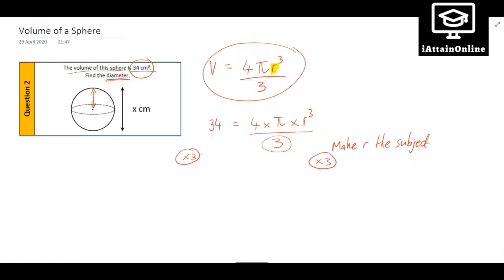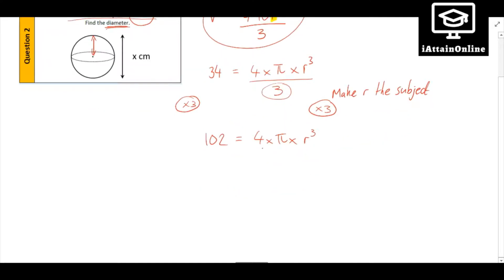So if I do 34 multiplied by 3, that's going to give me 102, is equal to 4 times pi times r cubed. Now, it's these two bits here that are stopping me from just having r cubed on the right hand side of the equation.